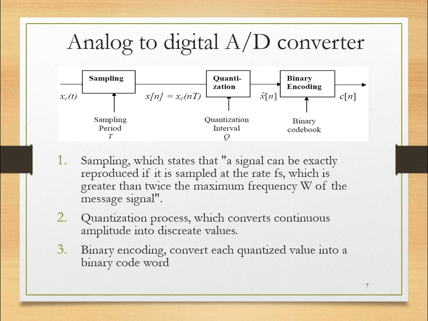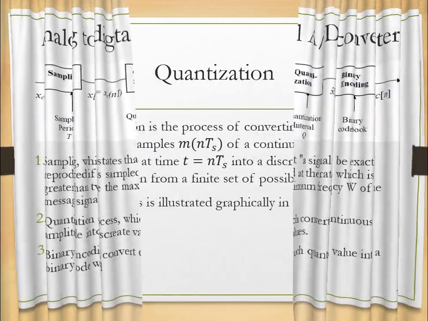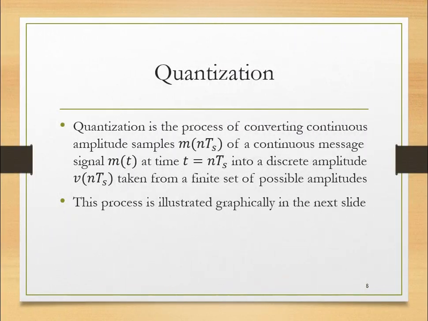We need to deal with bits. We need to deal with something that the computer understands. Computer only understands zeros and ones. Yes? We don't have computers that understand analog. Anybody knows any computer that understands analog? We don't. We just have the language of the computer, zeros and ones.